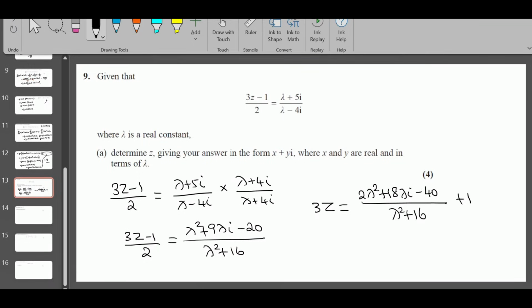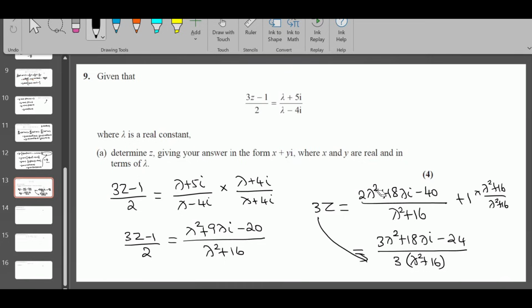So let's simplify this. If we combine this to a single fraction, you need to multiply this 1 by lambda square plus 16 over lambda square plus 16. So you're going to get 2 lambda square plus lambda square is 3 lambda square plus 18 lambda i minus 40 plus 16 is minus 24, divided by a common denominator lambda square plus 16, but take 3 here, this 3 to the denominator.